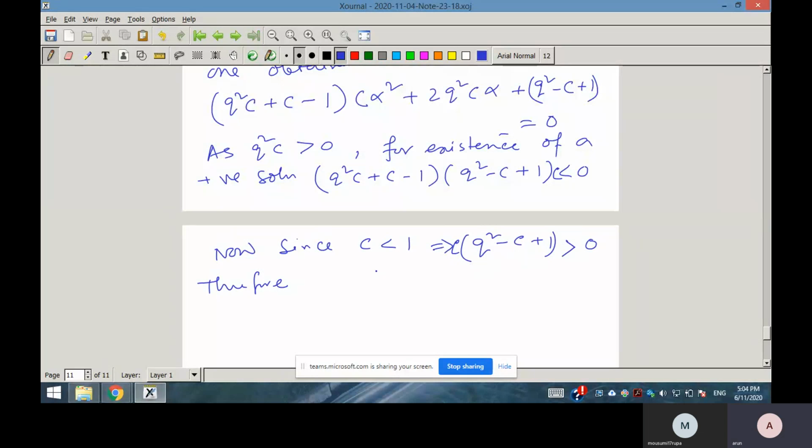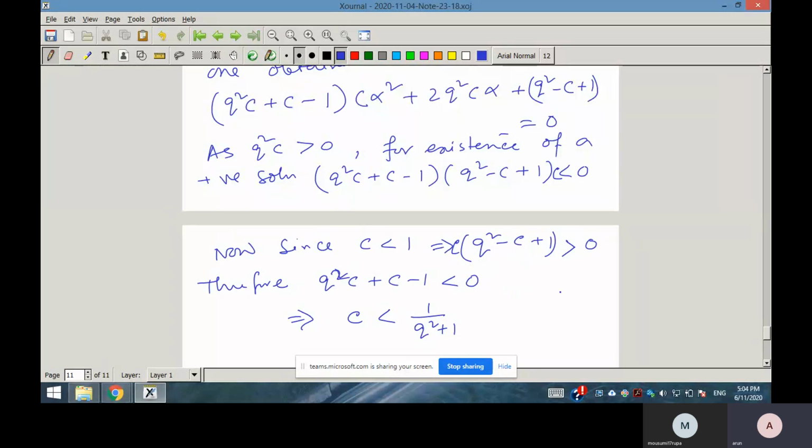Therefore this term should be less than 0. So q square c plus c minus 1 should be less than 0. So this will imply c should be less than 1 by q square plus 1.